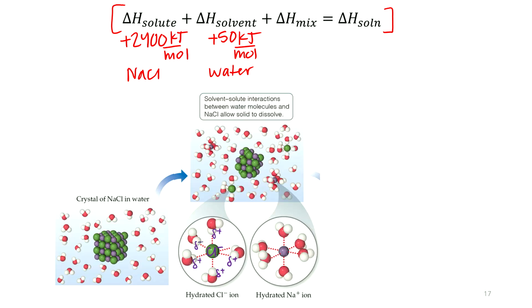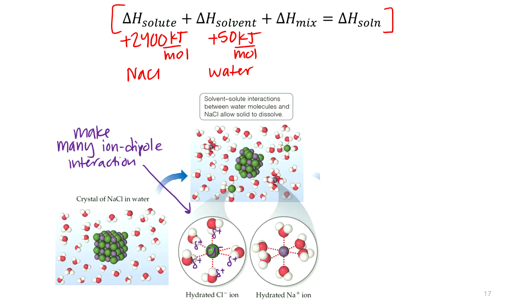So each time I dissolve a unit of NaCl, I'm going to have a Cl minus surrounded by a bunch of little positive charges, but a lot of them. So those are my ion dipole interactions. So I get to make many ion dipole interactions, which is the last IMF that we didn't get to on Tuesday.